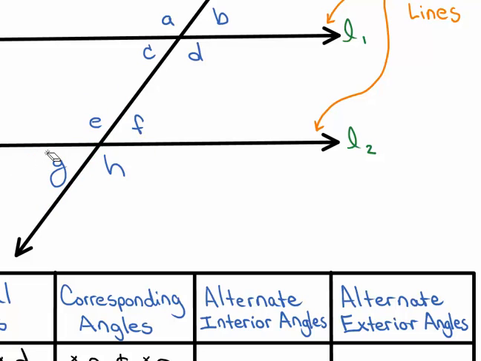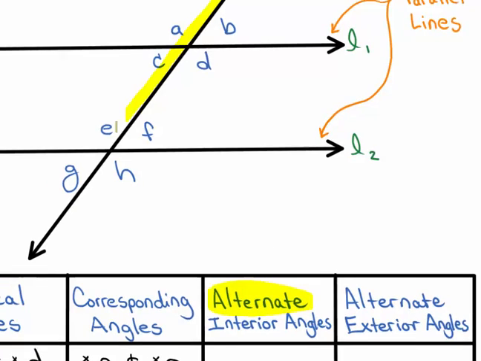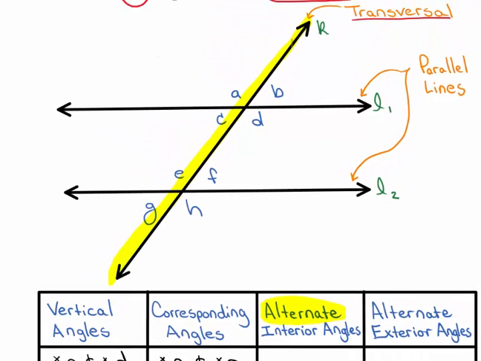So the word alternate, what it means by that, it just means that they're on opposite sides of the transversal. Here's our transversal right here. So they have to be on alternating sides of the transversal. And then the word interior means that they're on the inside of the parallel lines.